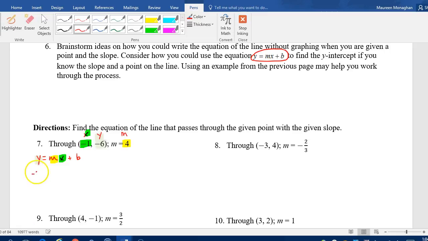So y goes here, m is 4, x is negative 1, and we don't know b. That's a b. So now we just do the math.